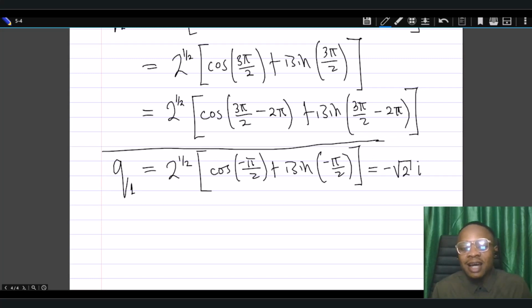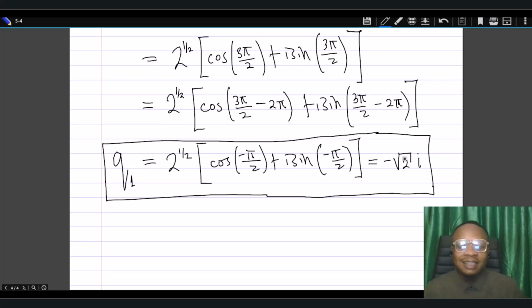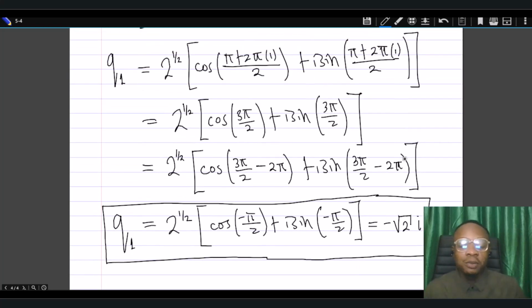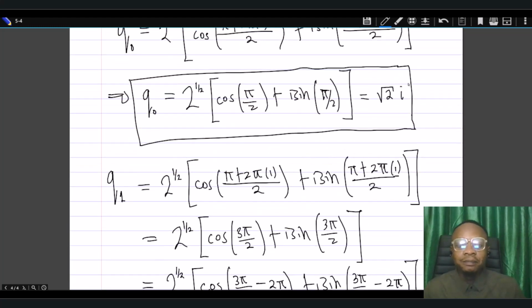So you can see how this approach just fetches all of the roots for us. Once we follow this formula correctly, it gives us all of the roots for the complex number. Life can be just as easy as that when it comes to these numbers. Obviously, if you pick root 2 and square this, it is going to give you 2.